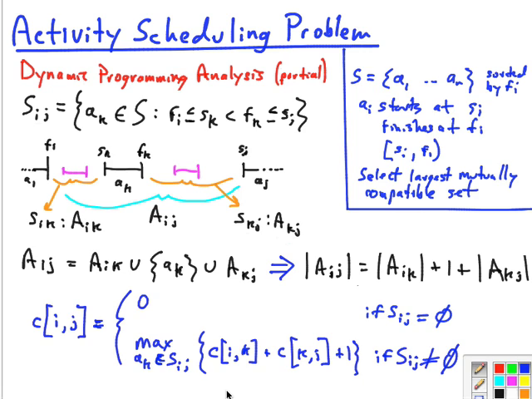But it turns out that we don't have to do all of that because this problem has a particular property. And that property, which we'll prove, is the greedy choice property. Let's make an observation here.